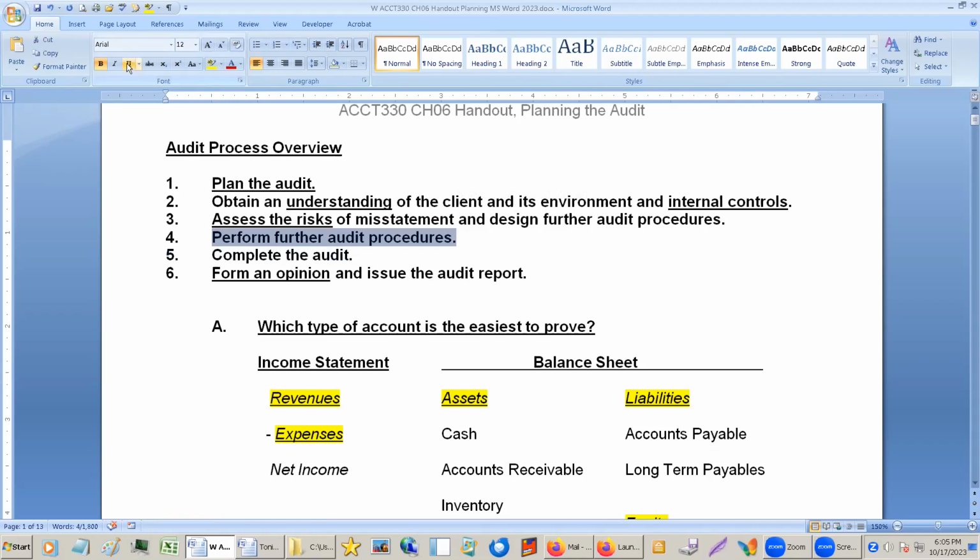This is where we do the sampling. So the stuff that we did in sampling comes in here. There's other things that go in there too, but these all come from the risks up here. I got everything in yellow. Let's make it green.